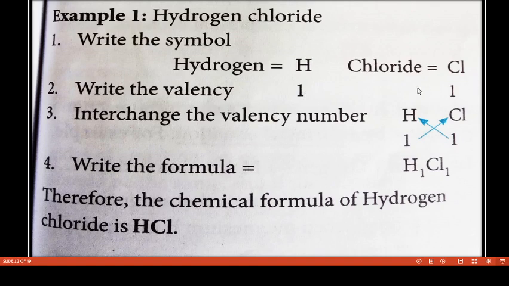Then the third one, interchange the valencies of combining atoms. Now interchange, we get H1Cl1, and write them as subscripts next to the symbols. Do not write the subscript if the valency is 1. So we did not write the subscript here. The H1Cl1 we write as HCl. So this is example number 1.